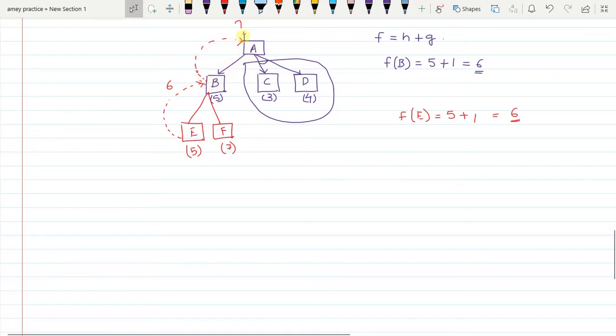So the value that A will get will be this 6, which is the updated value of B, plus unit cost along the path that connects B to A. That's how the value which A gets will be 6 plus 1, right? 6 is the updated value of B, and 1 unit is the cost incurred in moving from B back to A. So the value that A will get will be 7 and not 6.